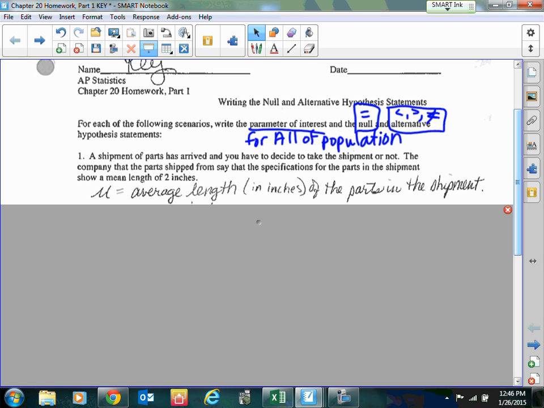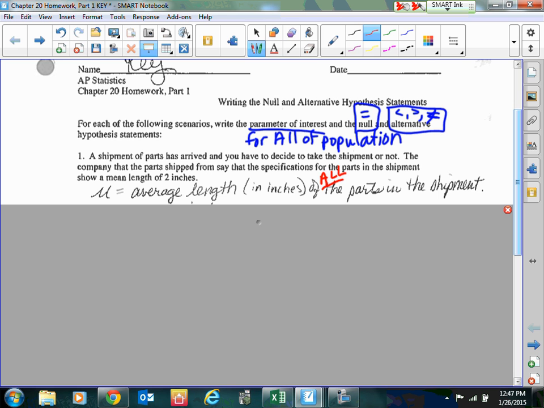So it's all the parts in this shipment. You do not have to put it, but if you put the word "all" in there, that would be great, because a common mistake is that people talk about the sample instead of the population. Whatever you can do to make sure it is noted that this is about the population of the whole shipment is good.